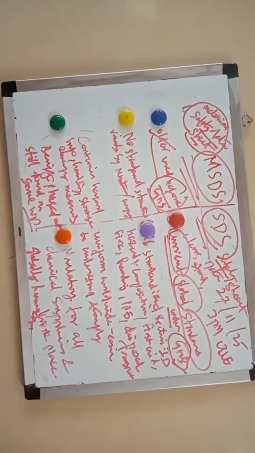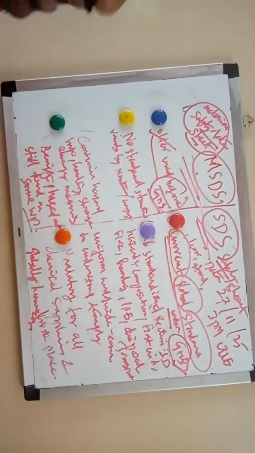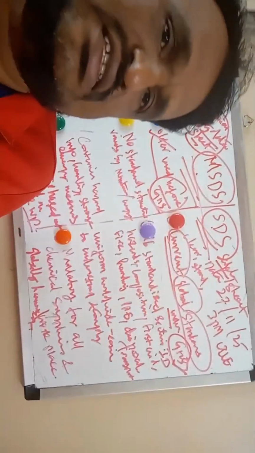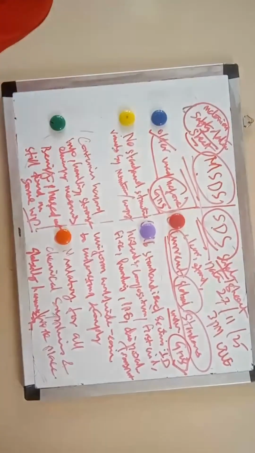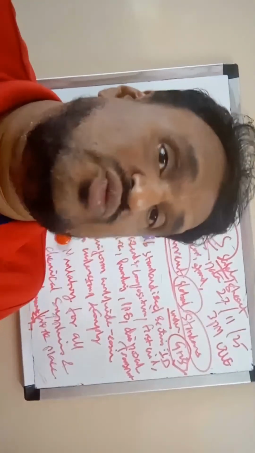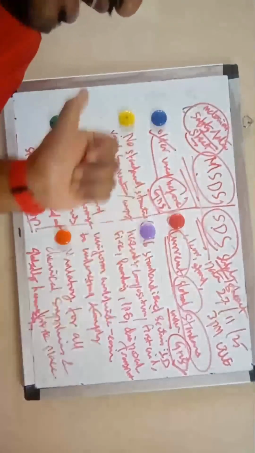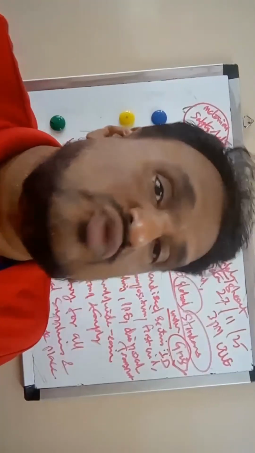Okay, so the MSDS and SDS. The MSDS is the Material Safety Data Sheet, and the SDS is the Safety Data Sheet. The Safety Data Sheet is the one universally followed now. The MSDS is the old version and is not used now.